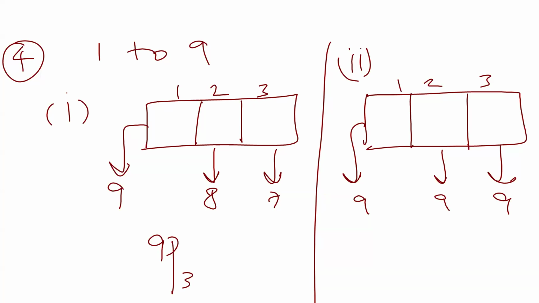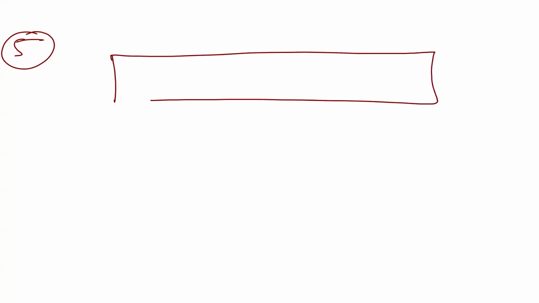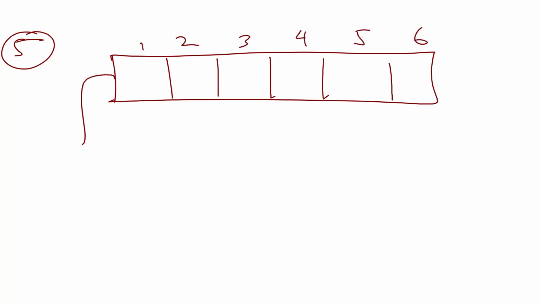Let's go to question number 5. In how many ways can 6 women draw water from 6 taps if no tap remains unused? I'll make you understand using the box method. First, 1, 2, 3, 4, 5, 6.